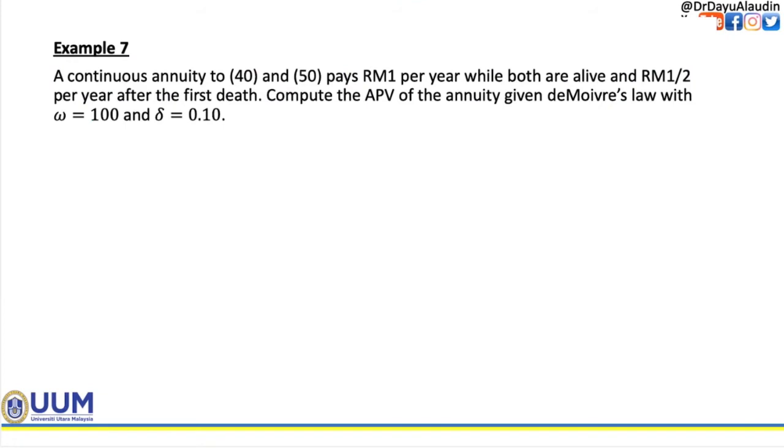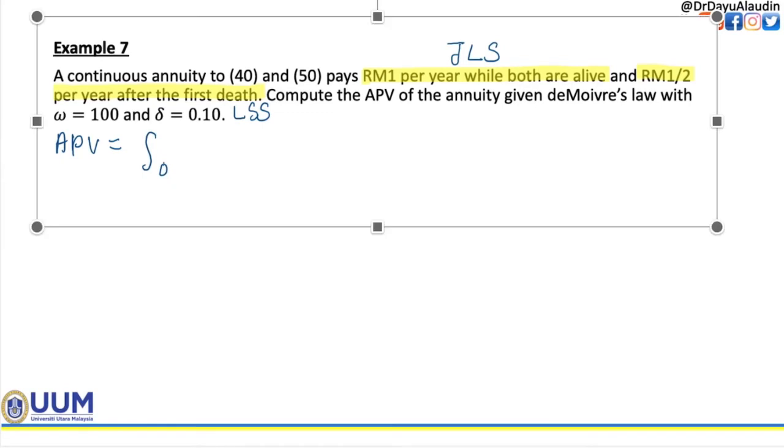Example 7. A continuous annuity to 40 and 50 pays RM1 per year while both are alive, same as example 6. The first one is for JLS, and half a ringgit per year after the first death. So this is for LSS. The APV or the NSP is the integral from 0 to infinity.